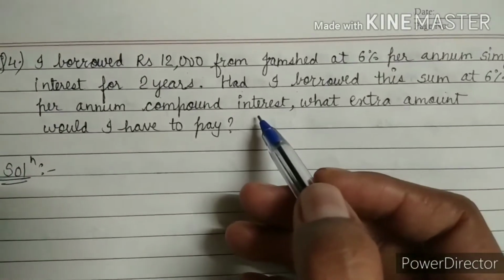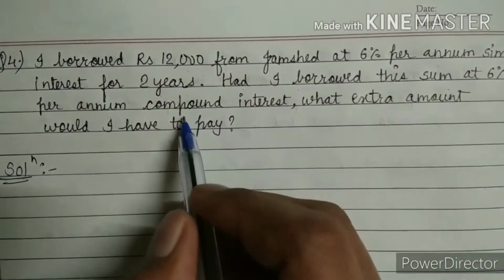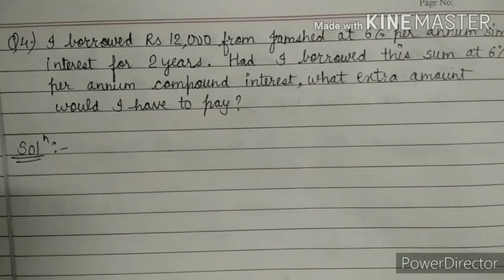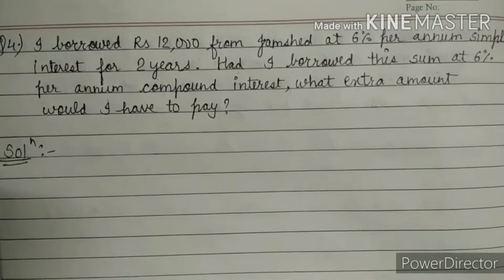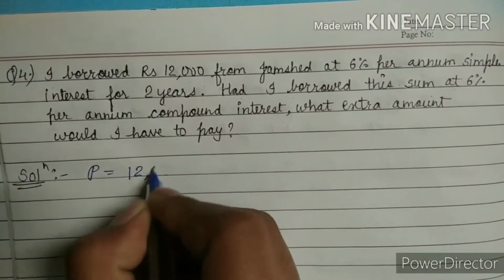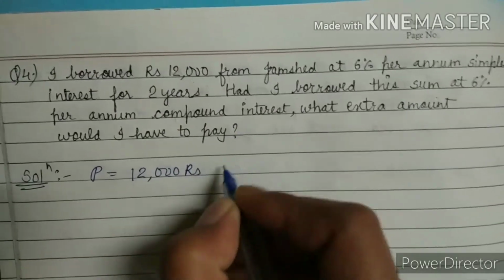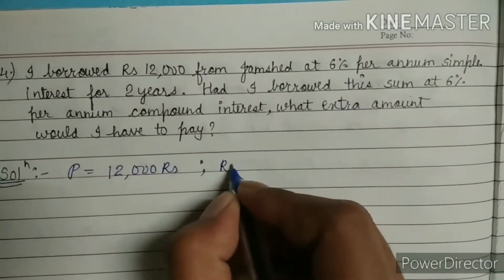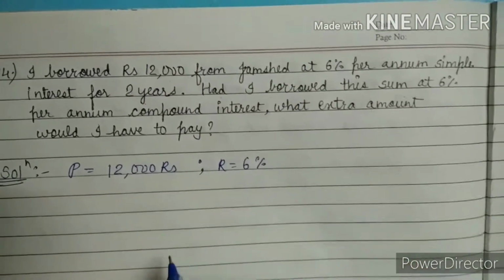If we are borrowing the amount at compound interest, what extra amount we have to pay, that we have to find. So principal is the same, that's why principal is 12,000, we will write it only one time. Principal, rate of interest is 6% per annum.